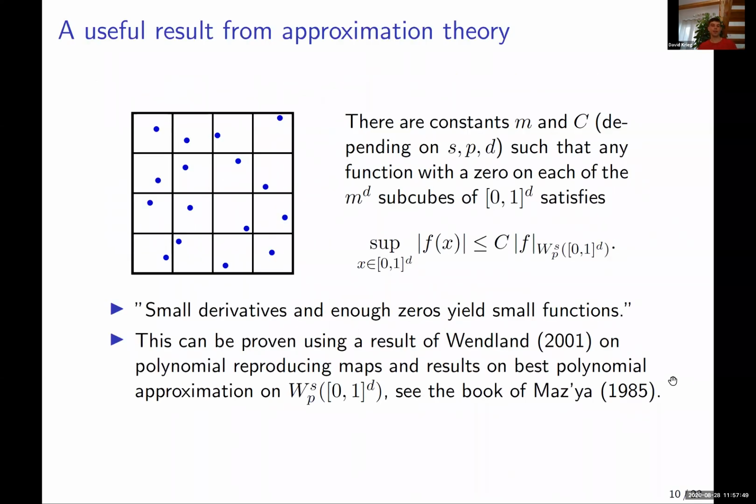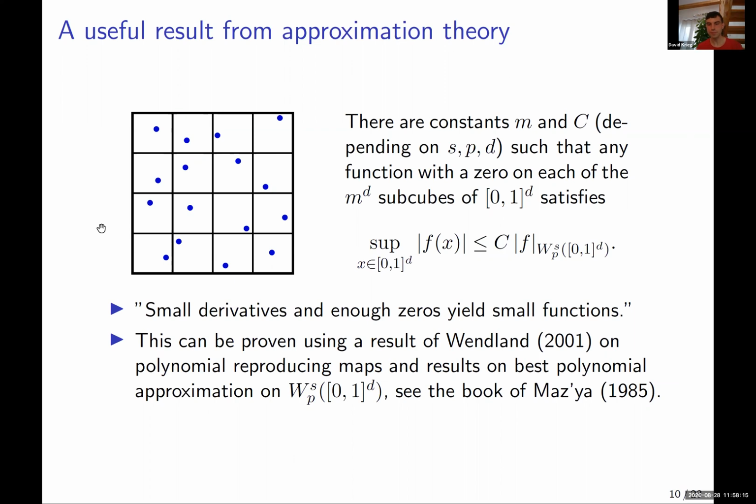Good. And now here's a second result which we use, which I think is somehow intuitive, but it's not so easy to prove. And it goes like this. So imagine this is the unit cube, the big cube is the unit cube.